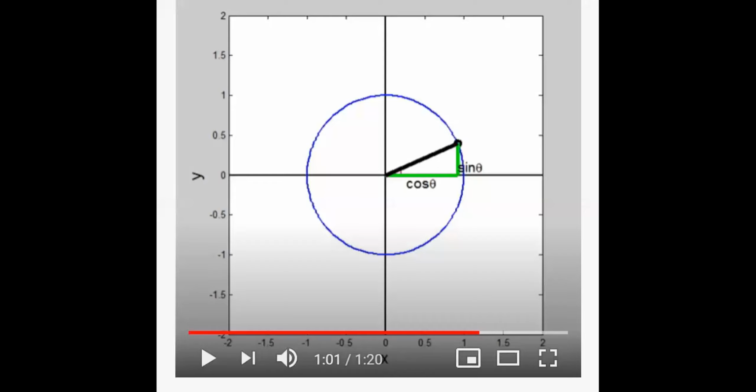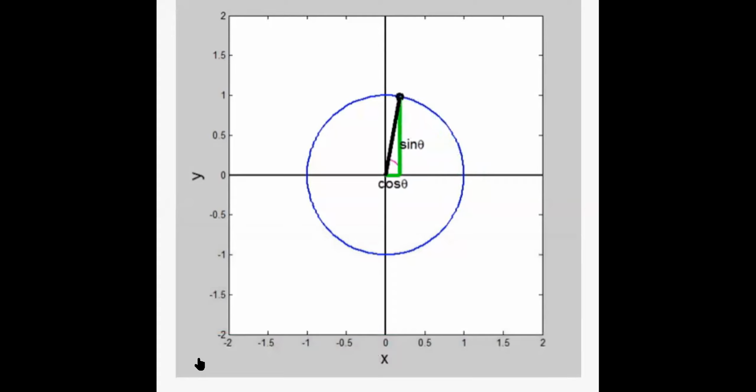Okay, so let's look once more and notice how the sine and cosine functions change color too. When it becomes negative, it changes the color to red. Positive, positive.